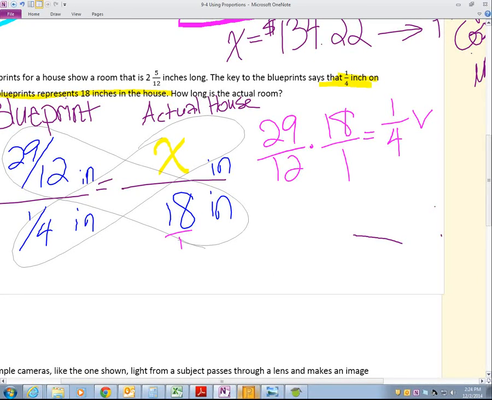And keep in mind that whenever you have a number next to a variable, that's x over 1, which can just be simplified to be x over 4.